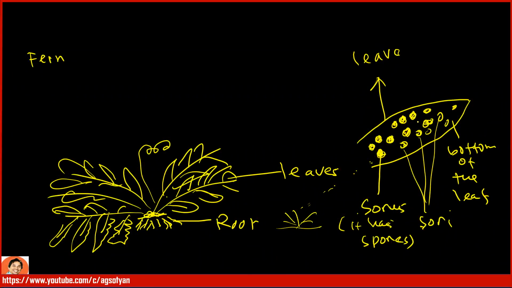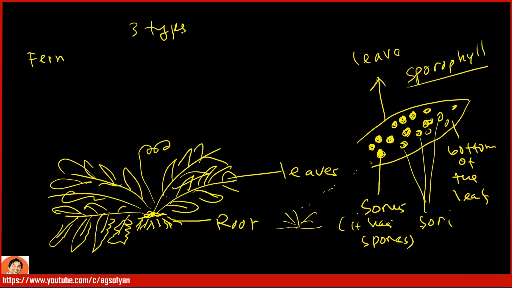So the leaf that has this sorus with the spores in it is called the sporophyll.